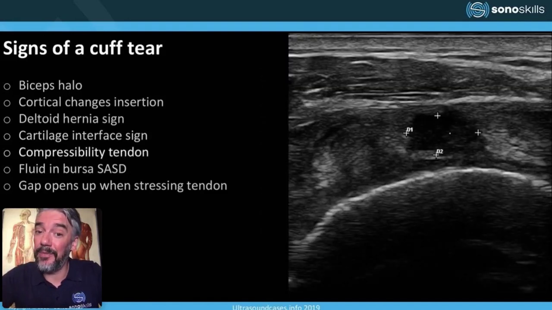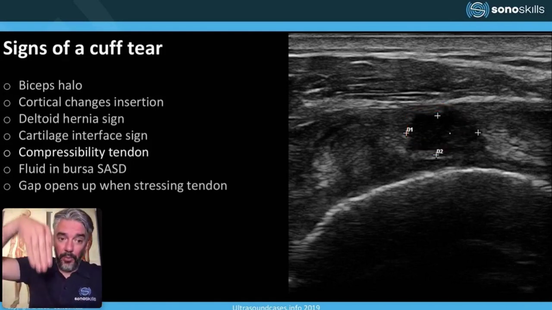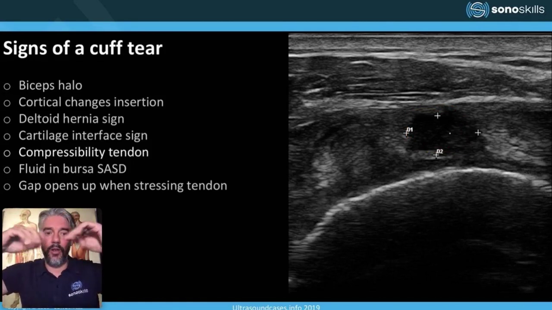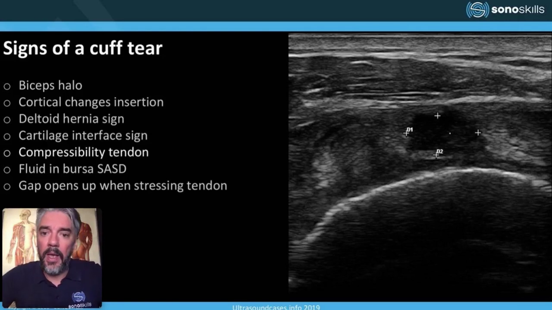Compressibility in a tendon, for example, this is a tear, and if I press with my transducer, can I compress the tendon? This should not be possible, but in some cases it is. And in this case, the tendon is not convex, but is flat, because there is still fluid within this tear.